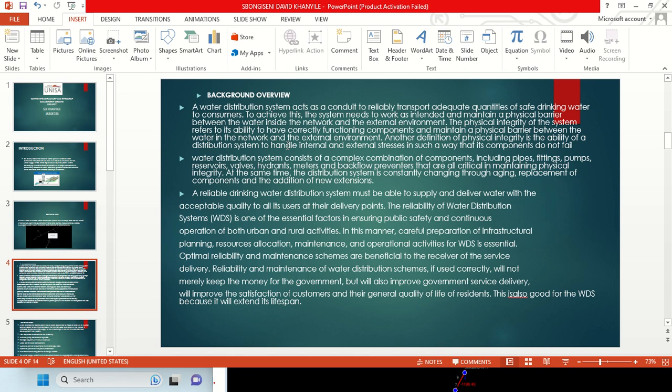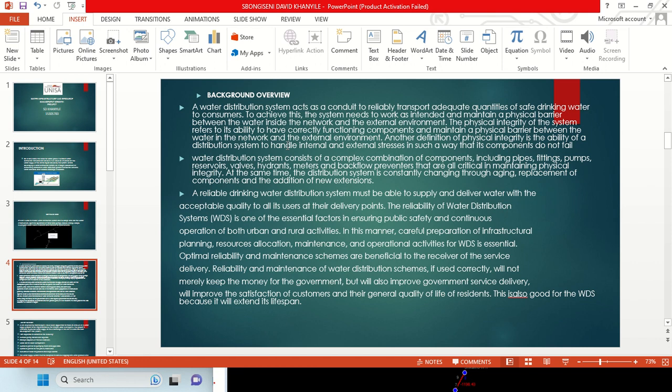To achieve this, the system needs to work as intended and maintain a physical barrier between the water inside the network and the external environment. The physical integrity of the system refers to its ability to keep components functioning correctly and maintain a physical barrier between water in the network and the external environment.